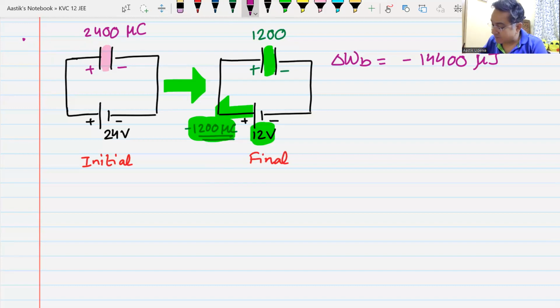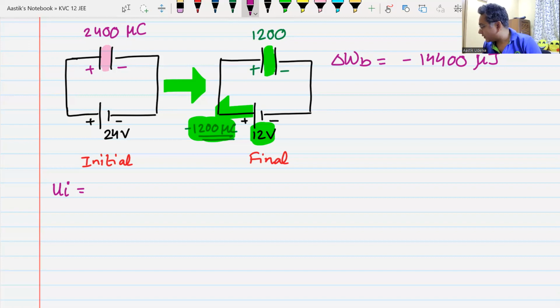So you can find out that initial energy and that final energy. I don't have space, okay, I can write it here. UI will be equal to 2400 square, so 24 square is 576, and 2 zeros will get cut from the downwards.